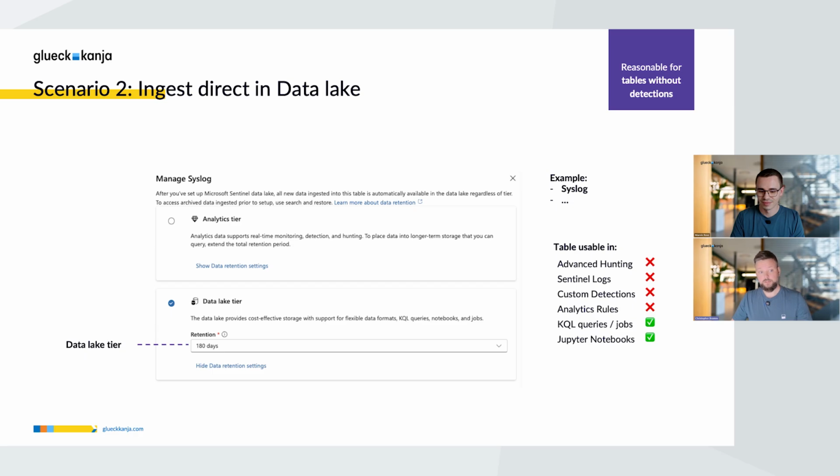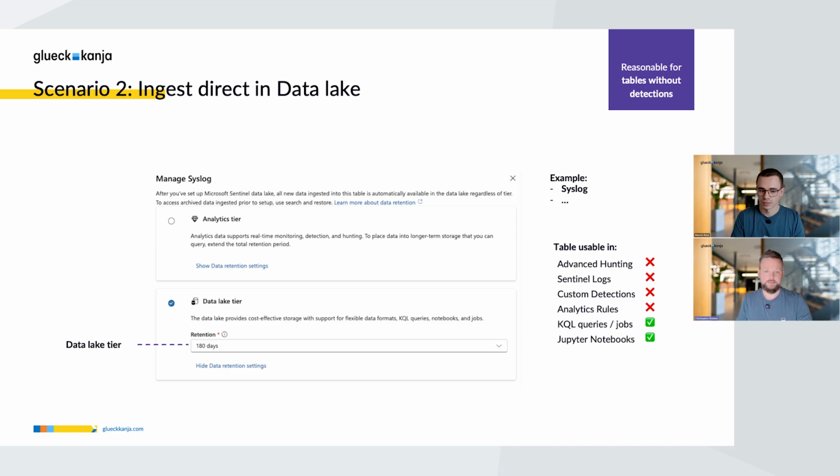And let's come to the next use case, and this is the example of, maybe, network raw logs. Here you want to ingest these logs directly into the data lake and skip the analytics tier, and skip the ingest cost for the analytics tier.